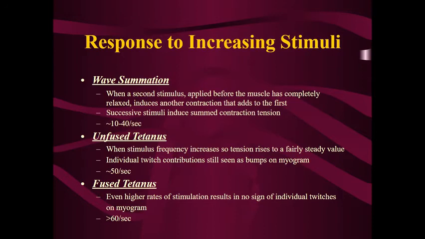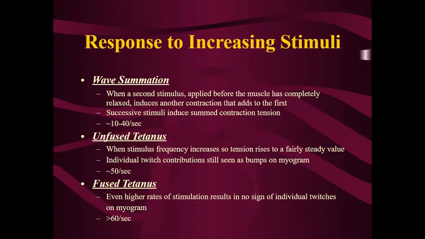Now, fused tetanus is how our muscles normally function. This is when there are even higher rates of stimulation that result in no sign of individual twitches on a myogram. For wave summation, you're going to have about 10 to 40 stimuli per second.